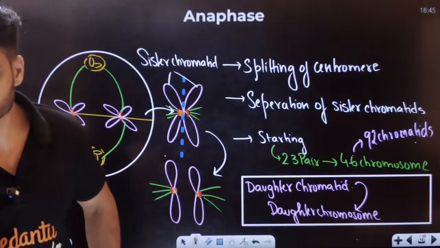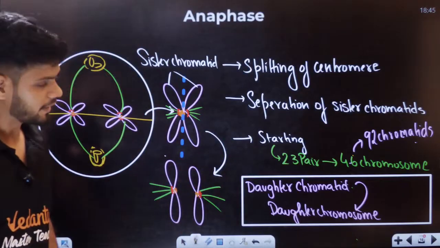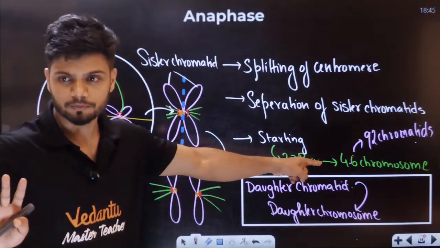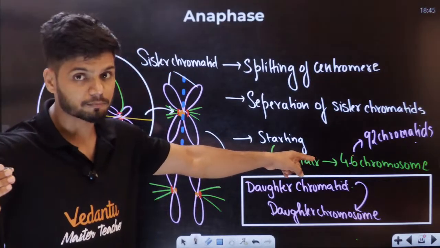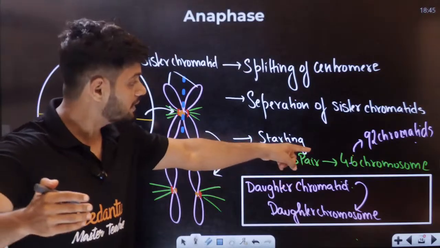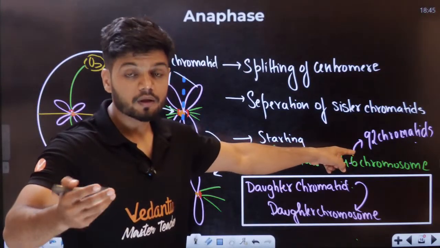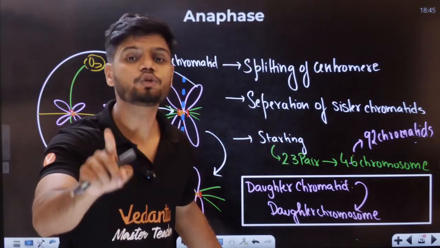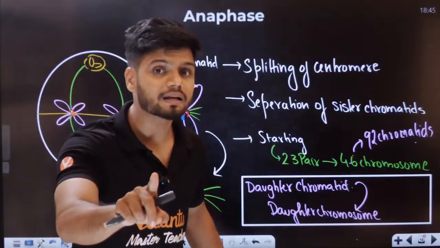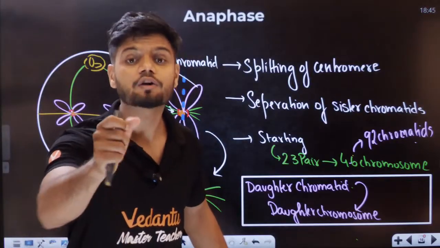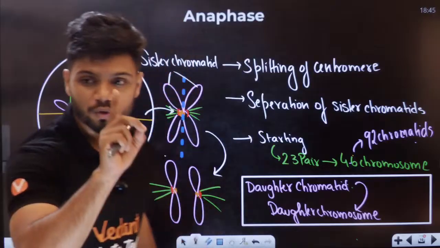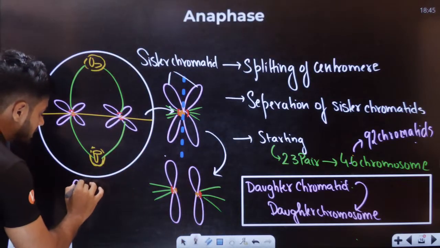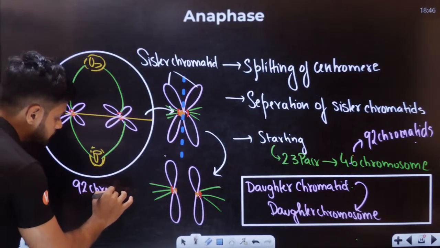Anyone? We had 46 chromosomes and 92 chromatids. All the 92 chromatids are temporarily behaving like a chromosome. So right now, temporarily in anaphase, we have 92 chromosomes.